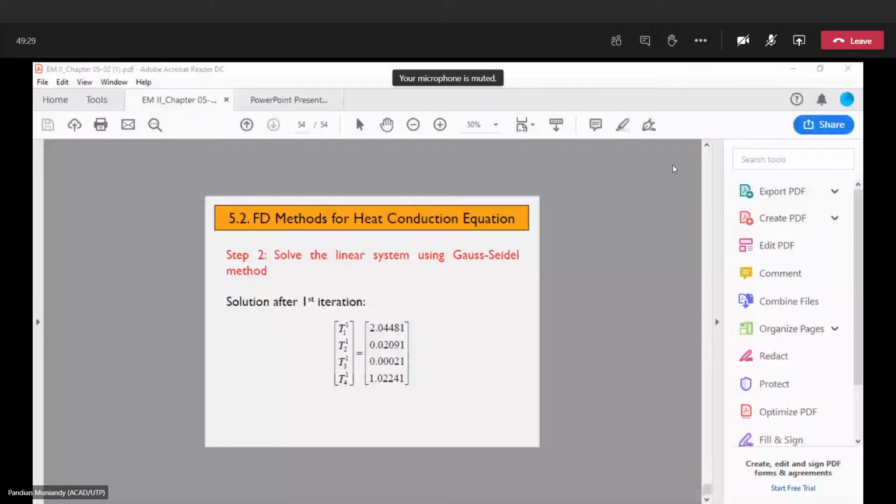Yeah, T13 equals to... yeah, calculate, yeah, calculate.